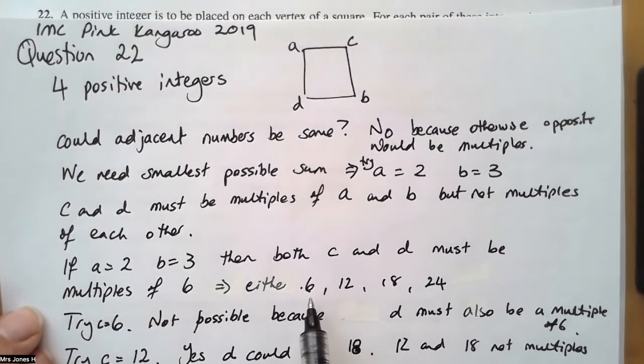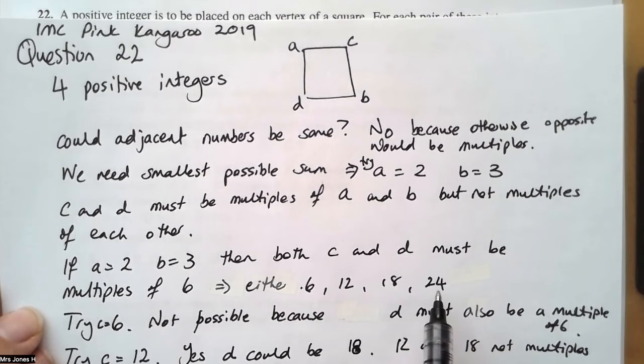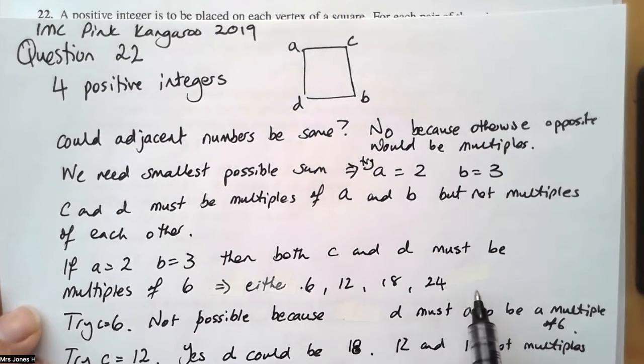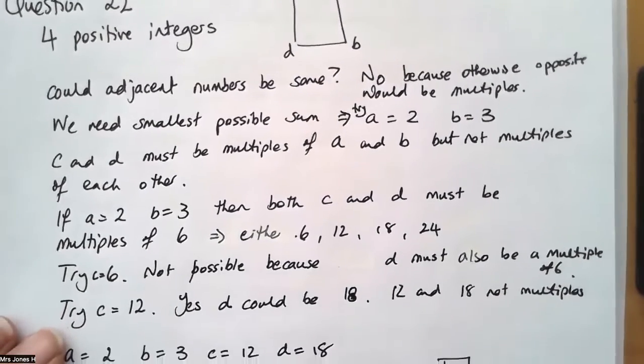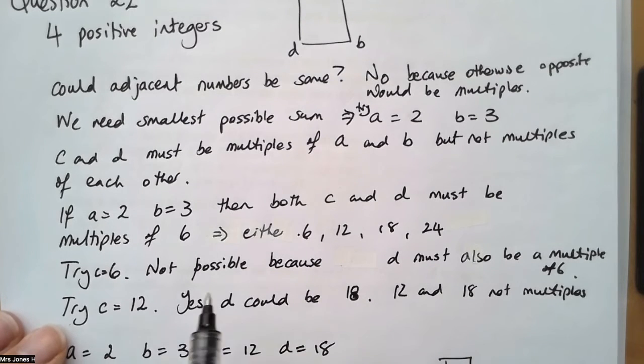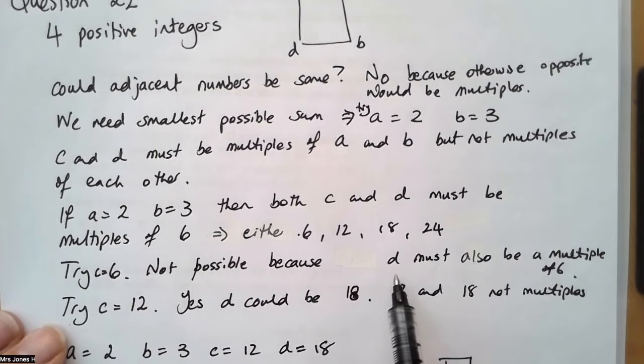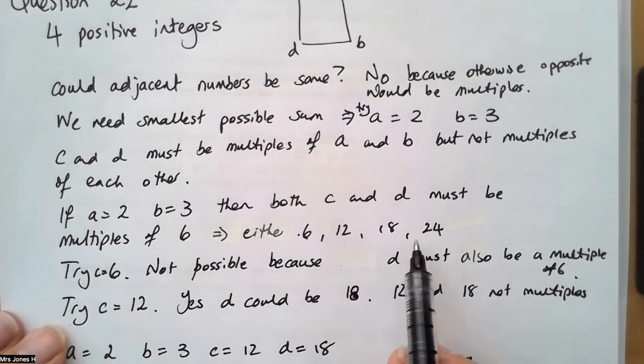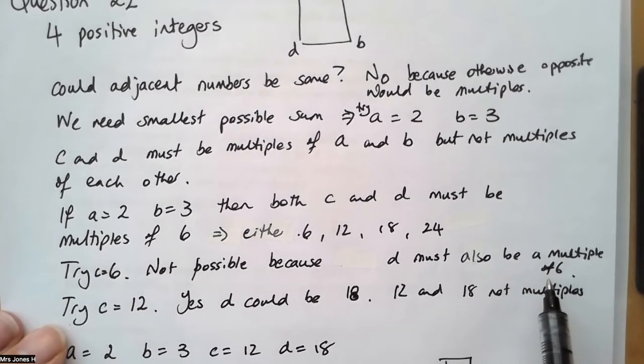And therefore we're looking at numbers for C and D that are going to be 6, 12, 18, 24. It might be able to be greater than that. Let's see. So I'm going to try C is 6. The lowest possible, we're looking for the smallest possible number, but it's not possible because D, which also needs to be a number in this list, must also be a multiple of 6.